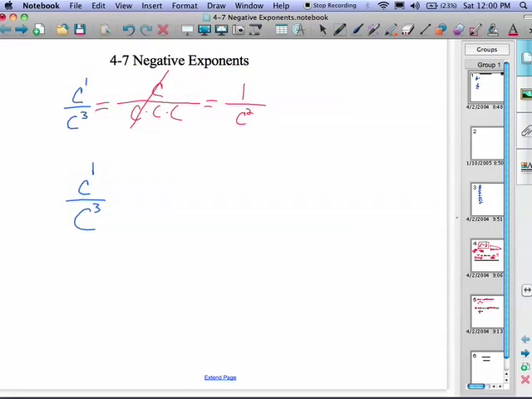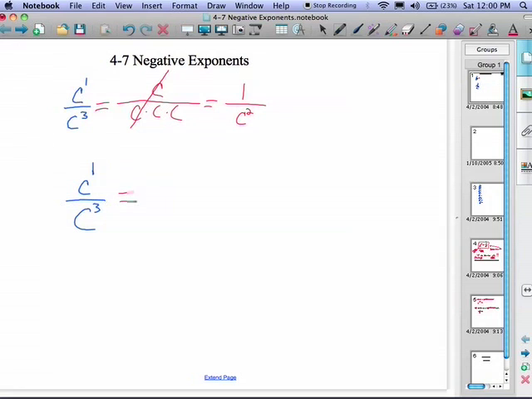Now, yesterday, when we did multiplying and dividing monomials, you noticed a shortcut to divide monomials, which is what occurs right here, c to the first power divided by c to the third power.